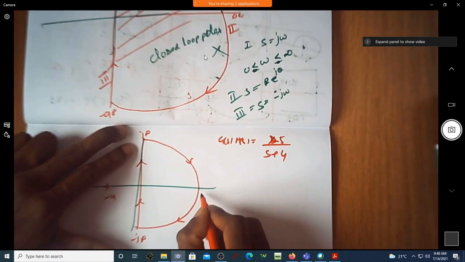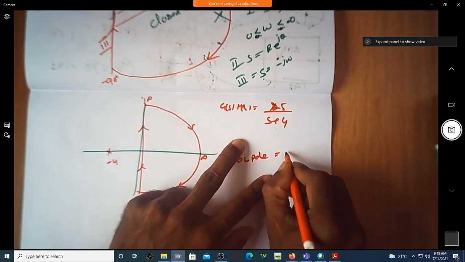Now, what is this actually? Is this not the open loop pole? Is it not also the pole of 1 plus G(s)H(s)? Correct? Yes, sir. We know that the open loop pole is nothing but the pole of 1 plus G(s)H(s), which we name as F(s). Correct? Yes, sir.